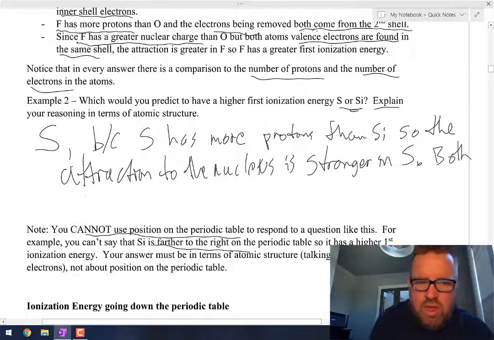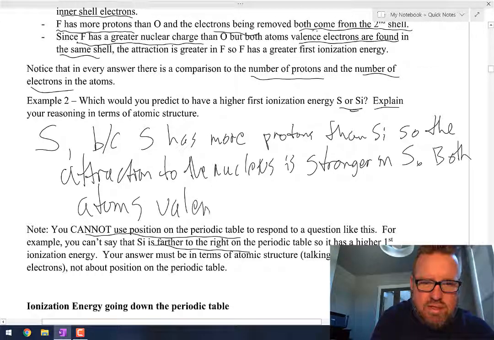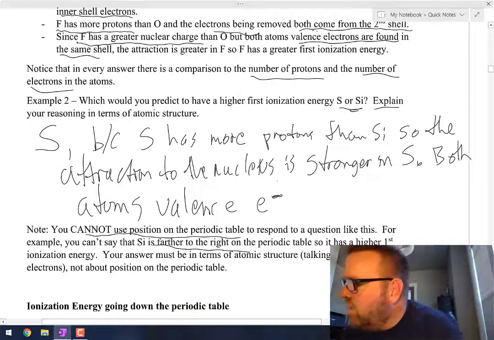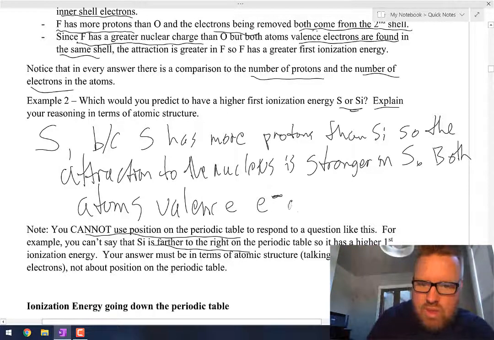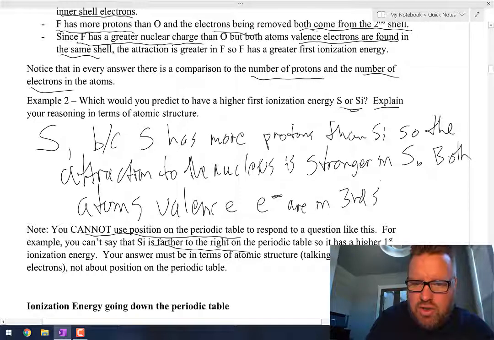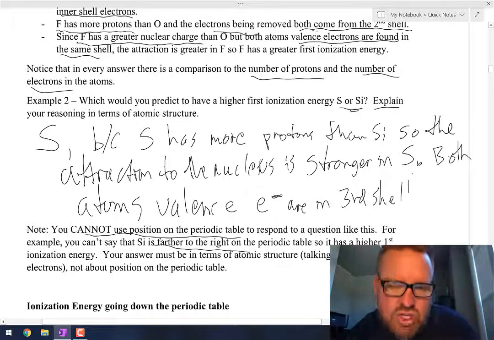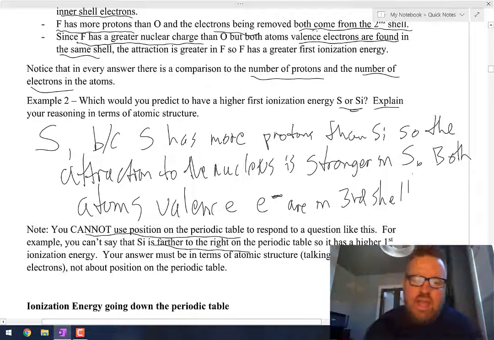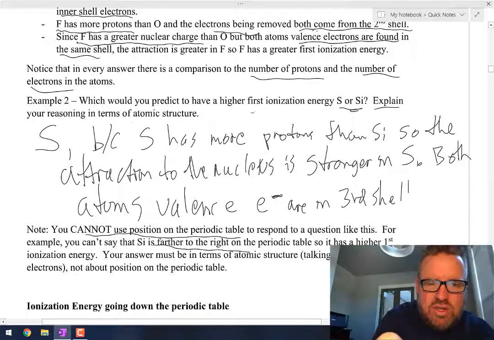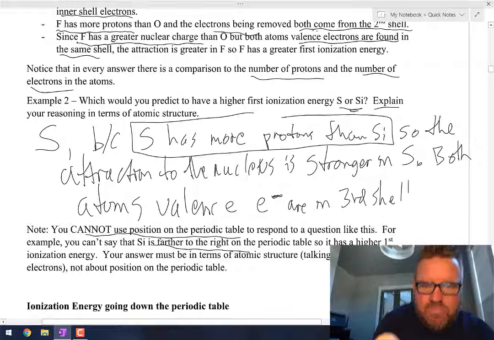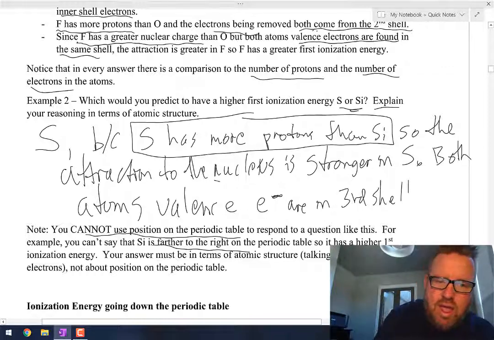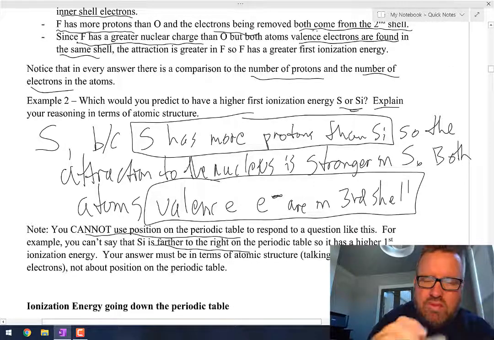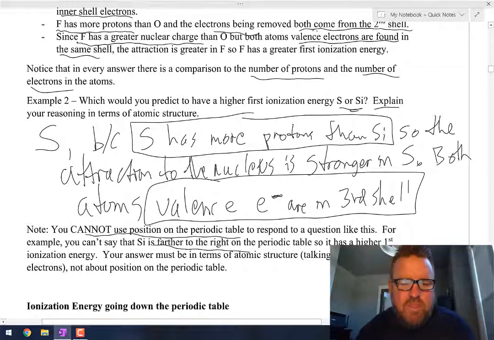And both atoms' valence electrons, and I'm looking at the periodic table again, are in the third shell, or the same shell, something like that. Okay, and again, what am I looking for in my answer? That right there.